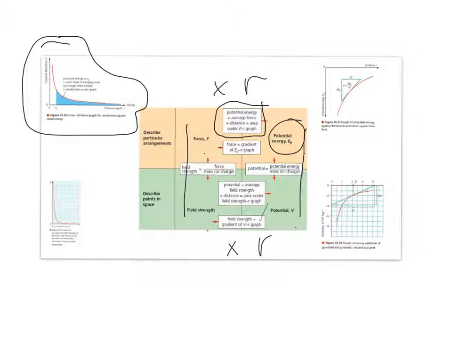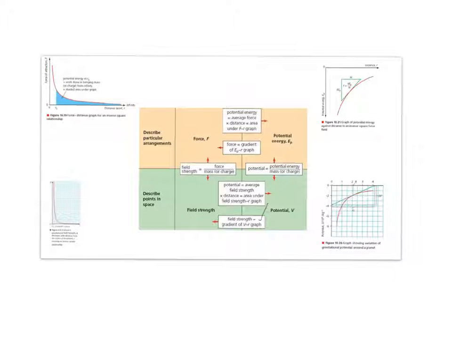Now when we're going the other way, what we are doing is dividing by R, and we can represent this on our graphs as the gradient. So you know that's the case already for potential gradient. A potential gradient is change in potential over R, and that gives you field strength.